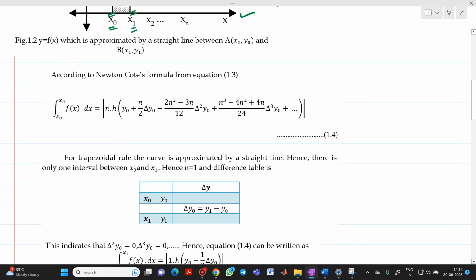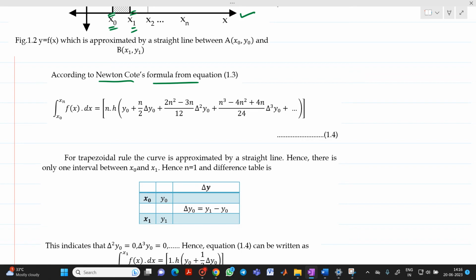Now we have already gone through Newton's Cotes quadrature formula, which is the integration from x0 to xn of f of x dx equal to n h into bracket y0 plus n by 2 delta y0 plus (2n square minus 3n) upon 12 delta square y0 plus (n cube minus 4n square plus 4n) upon 24 delta cube of y0.